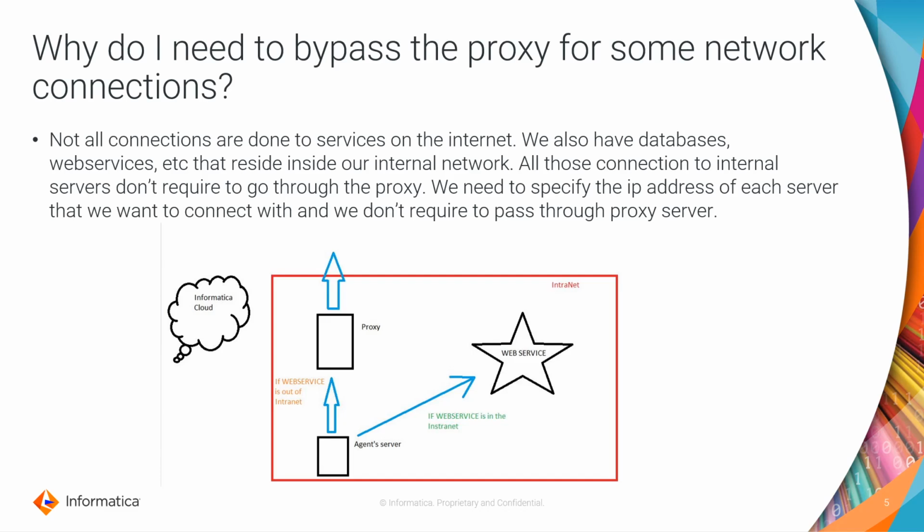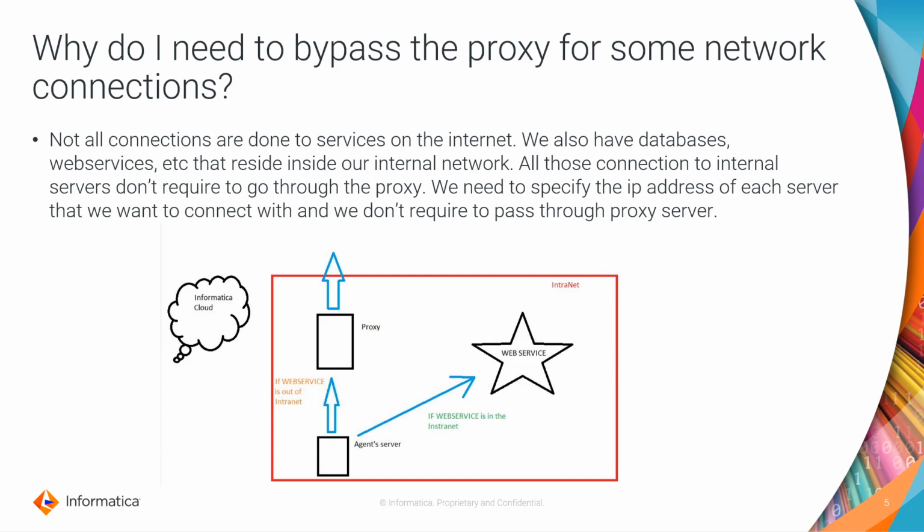And this is going to create a problem because your network team in the router will have already defined which connections go to the proxy and which ones should go to the inside. But you are forcing your secure agent to send everything to the proxy. So when you try to test a connection to one of those services that are in your network, you're not going to be able to connect.